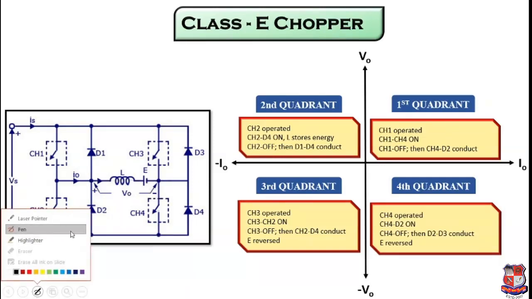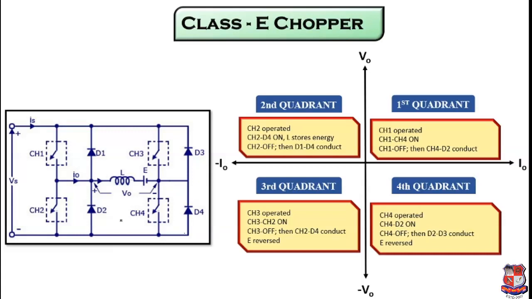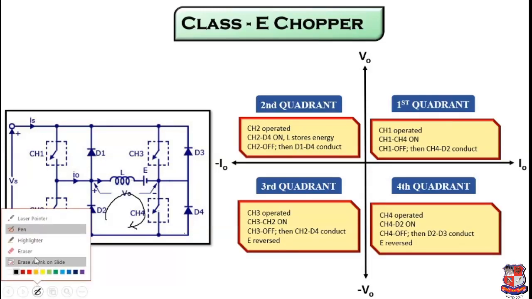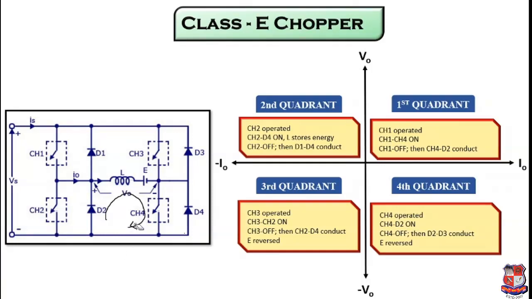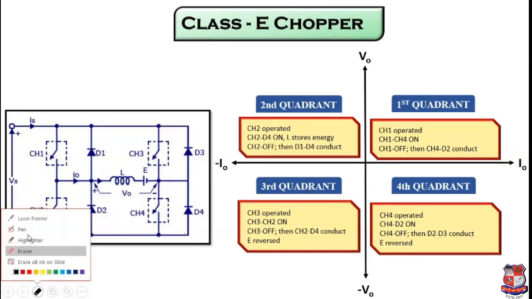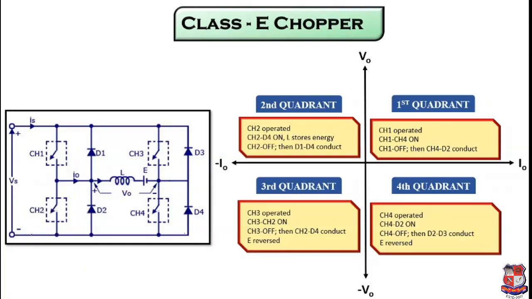So how will that occur? CH4 and D2 are operated, so it will be in this way. Okay, so from 0 voltage and positive current, slowly from CH4 D2 it can be turned to D2 D3. It means that from the negative supply to D2 through this load, and D3 it is connected to the supply.